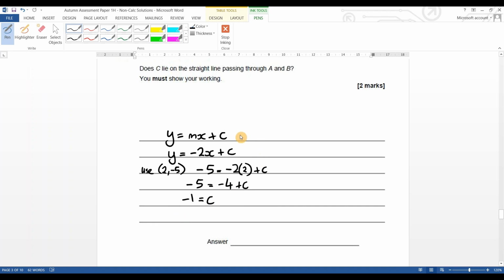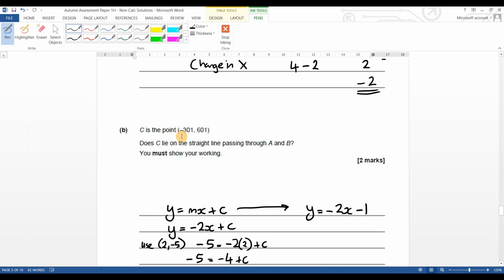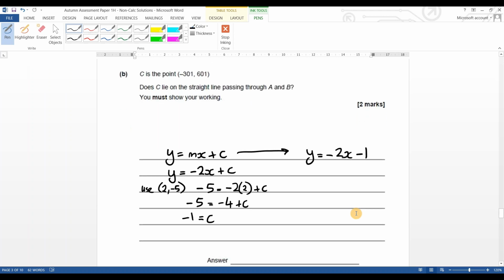So technically you've got the equation of the line. Right, so if this point is on the line, then it should satisfy this equation with the same gradient.